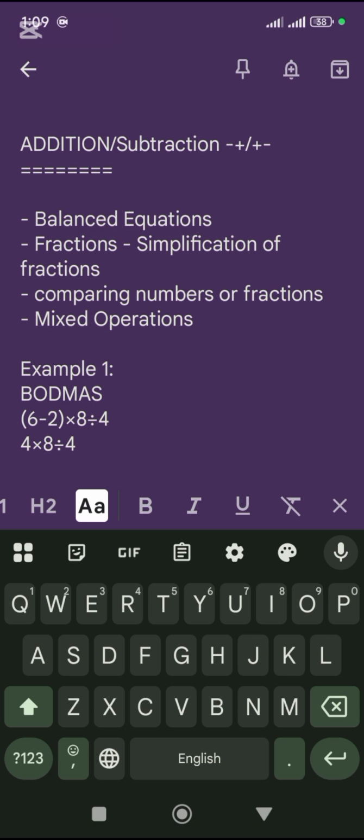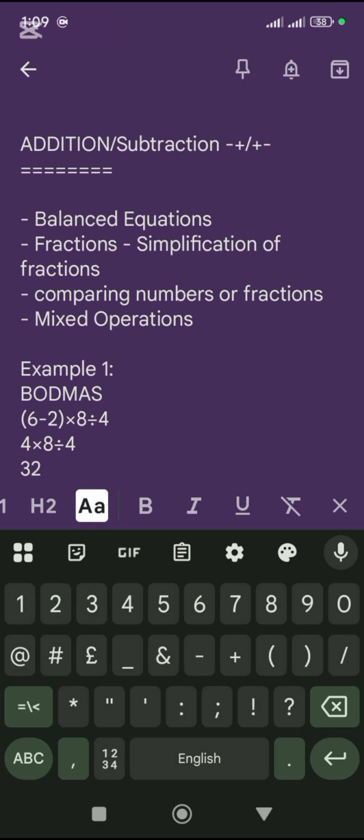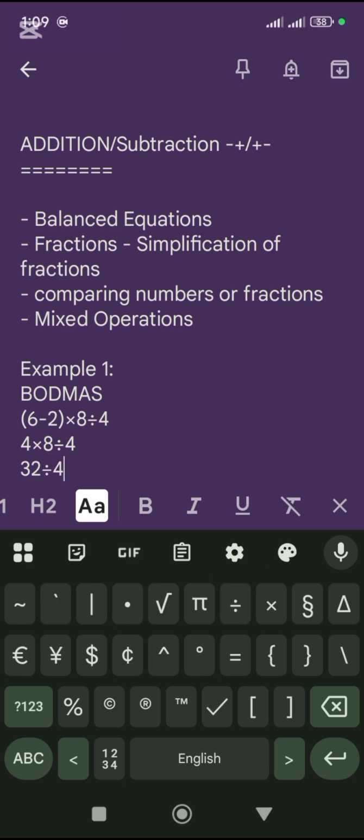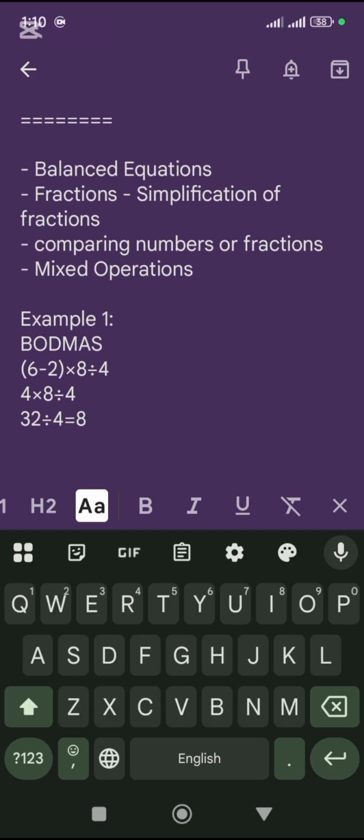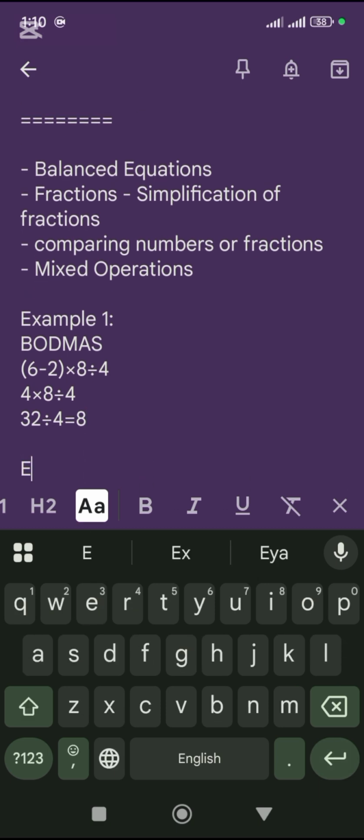No. I'm going to multiply and follow from left to right. I'm going to solve from left to right. And so I'm simply going to say 4 times 8, which will give me 32. And then I say divide by 4, and this will be equals to 8, which is my answer.